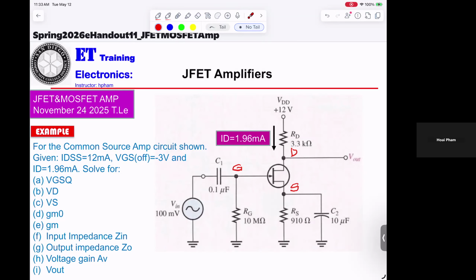We don't have any DC voltage at the gate. No DC voltage here. So they will be fixed. No, not fixed bias. They will be self bias. Okay. For the self bias, if you want to solve the problem, they have to give you the graph in order to do calculations.